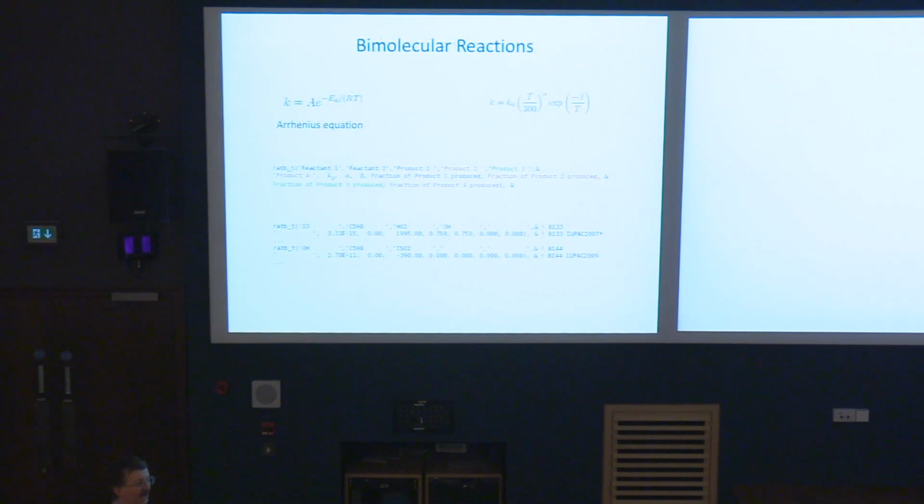After that, we need to define what chemical reactions we're going to include in our model. Again, there are files associated with this: RAT-B for the bimolecular rates, RAT-T for the trimolecular rates. For the bimolecular rates, we need to think about what the rate constant is. So you need to provide reactant 1, reactant 2, and then there's space for a number of products to be formed from that particular reaction. And then you need to define what the rate constants are.